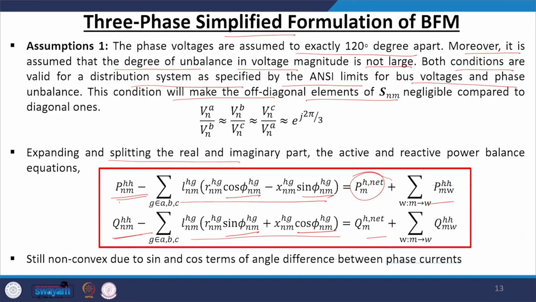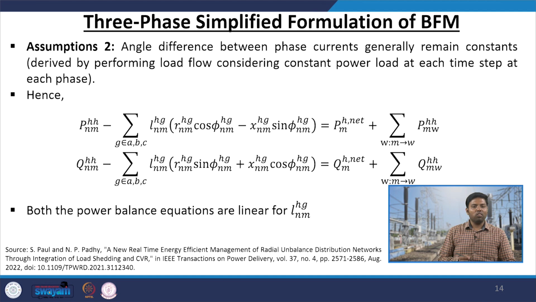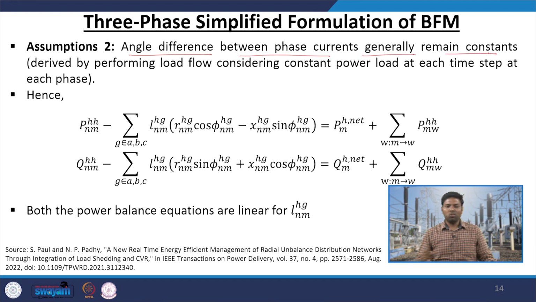So, how to deal with that nonlinearity? For that we take a second assumption, which says that the angle difference between phase currents generally remains constant. That is also true. Normally, even if we do load variation, the current angle difference, remember this, not the current angle values, we are talking about the difference between the current angles of two phases, more or less remains a constant value.